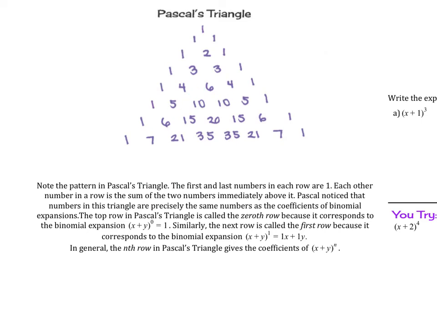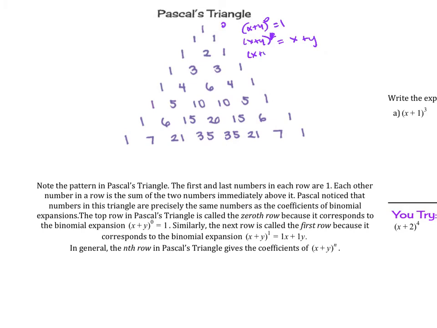The other thing with this is that the first row is the 0 row because that is x plus y to the 0, which is 1. For the second row, that is x plus y to the first power, and notice that's x plus y.